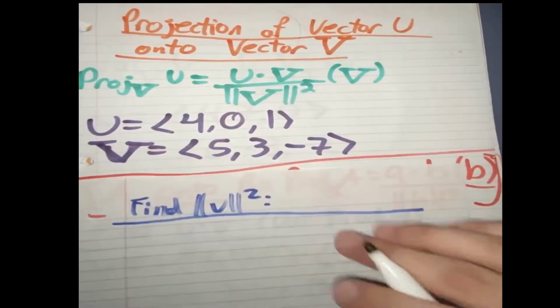Our vector v was equal to 5, 3, minus 7.